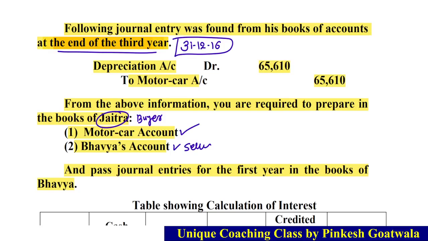Now remember, I will not explain accounts and journal entries because we have already solved this and now almost all students know. If you regularly do the previous homework also with the video sum and homework sum, then you can easily know how to write the account, how to prepare account, how to write the journal, right? So now I will just explain the calculation of interest, because now in this chapter the remaining part is just understanding the calculation of interest.